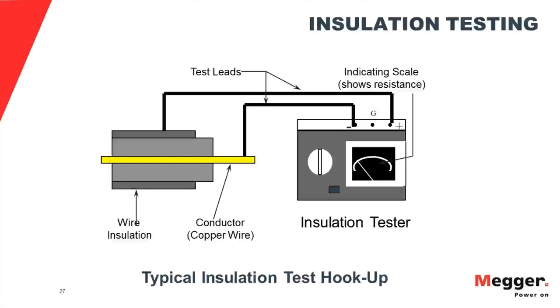Note that the industry standard is negative to circuitry, positive to the return. And you will see that very often in SOPs. Now, the scope of this particular talk doesn't go into that. You can always contact me and I can explain it in more detail. The main point here is that on modern insulation, that really is not critically important.